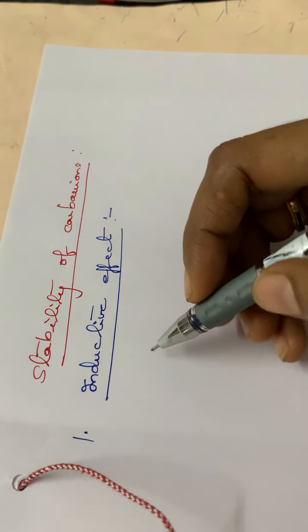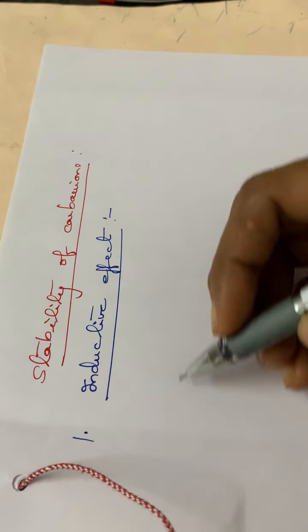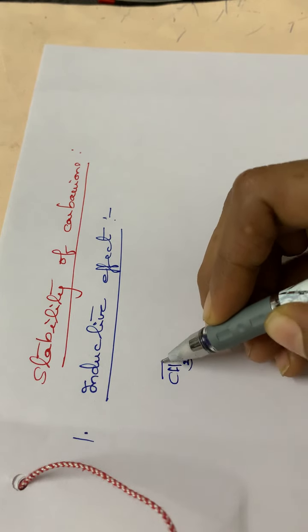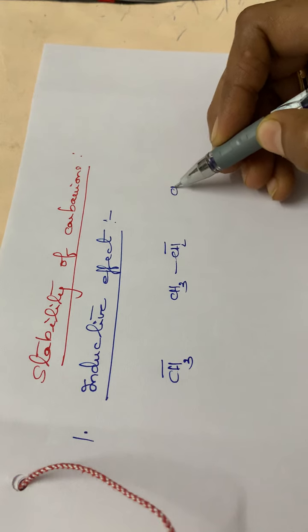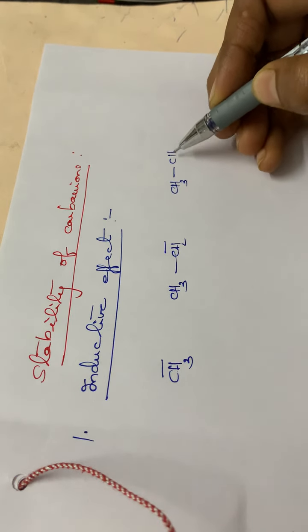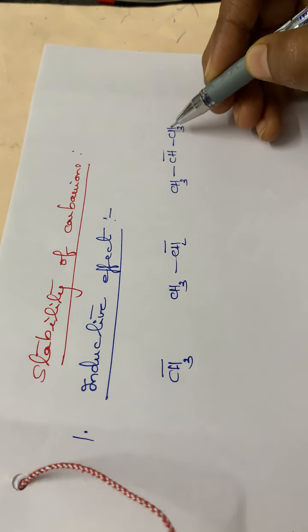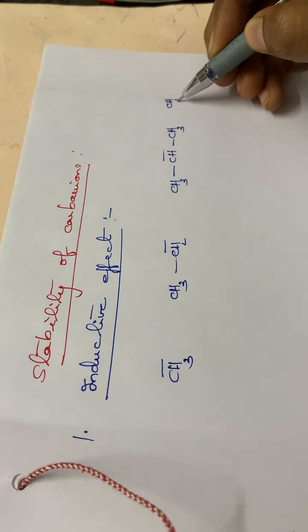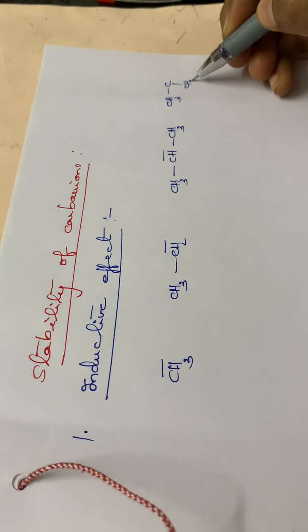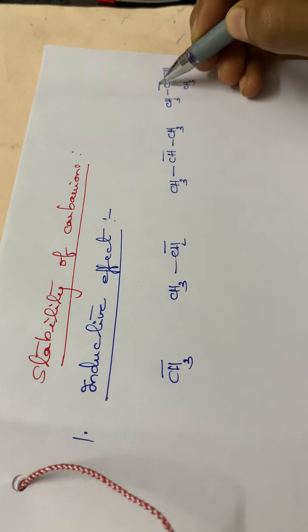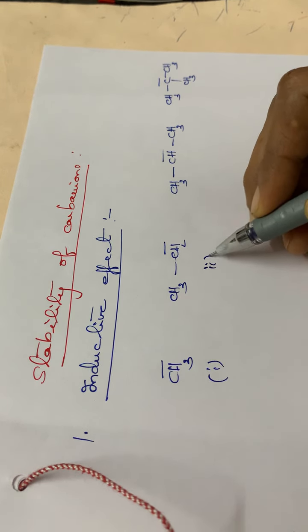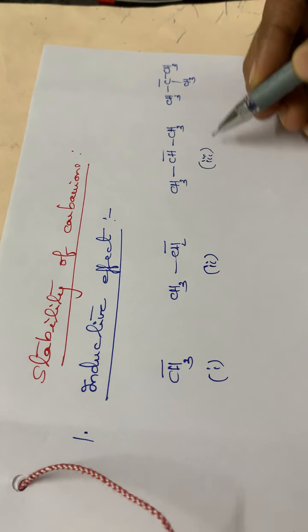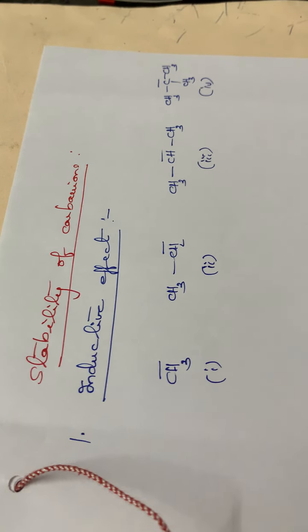For example, I am writing some carbanions: CH3 minus, CH3CH2 minus, (CH3)2CH minus, and (CH3)3C minus. I have written four carbanions.